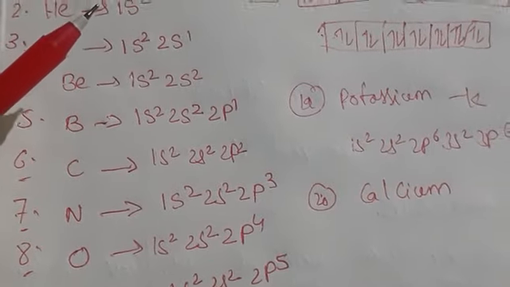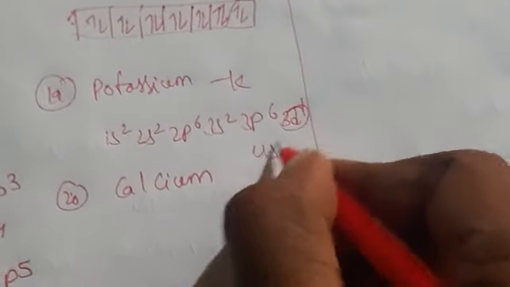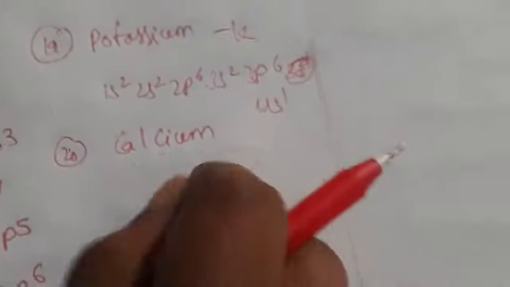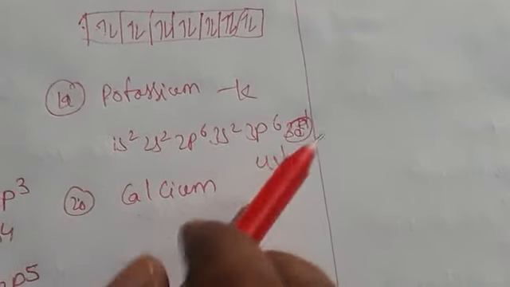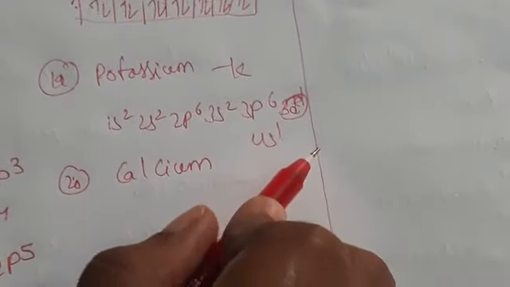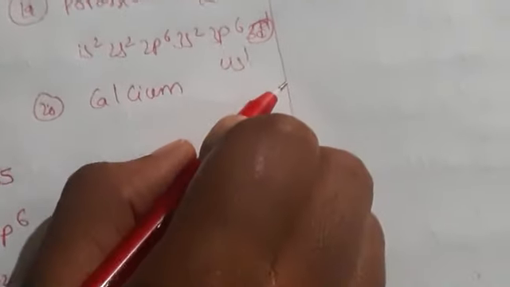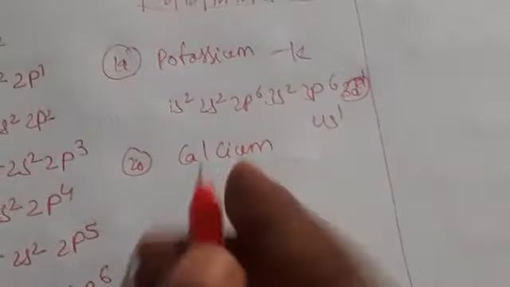Then we have to get 4s1. So the 3d1 is wrong. According to the modern periodic table, we have to write 4s1. After this only we are going to get the 3d electronic configuration.